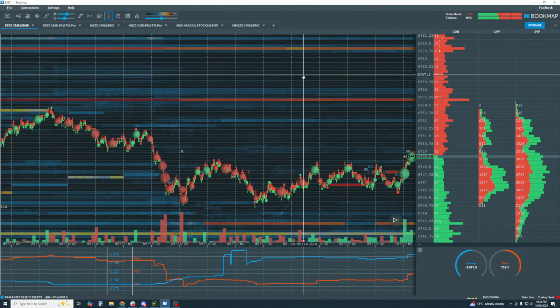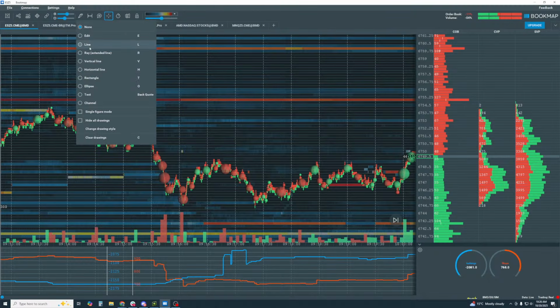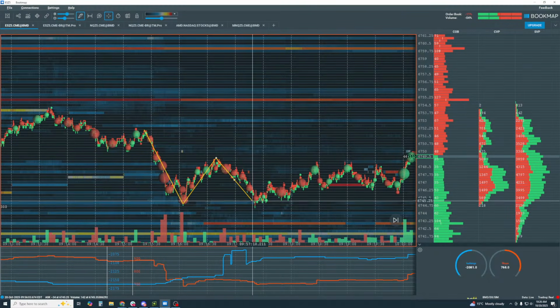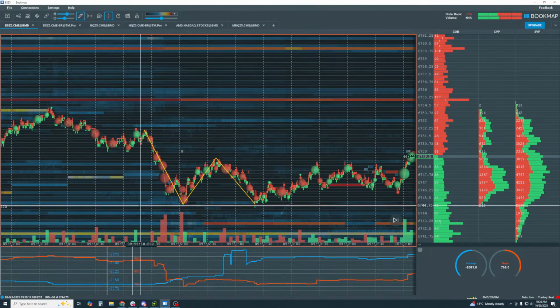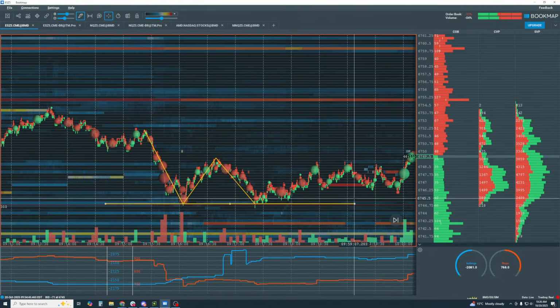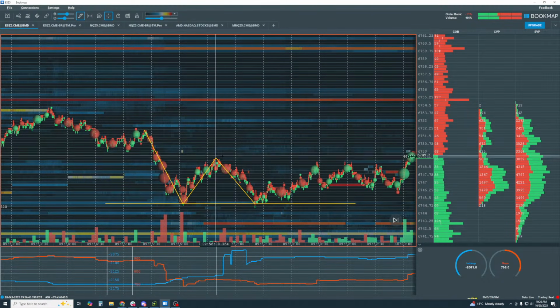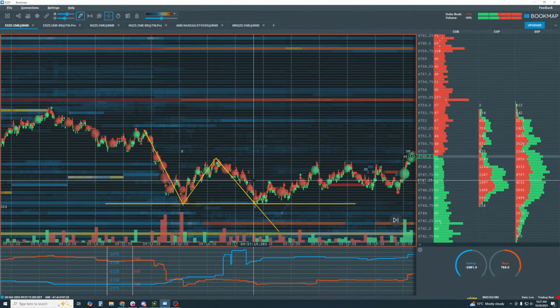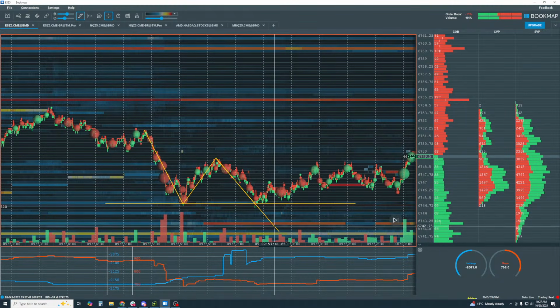Now typically we look for continuation, but the way to reduce the risk here is just to take it down to here. Okay, the swing right here, and then take some off. Typically, though, the way the low volume pullback will work is you'll get the continuation move like this, and you would start targeting your high liquidity down here.